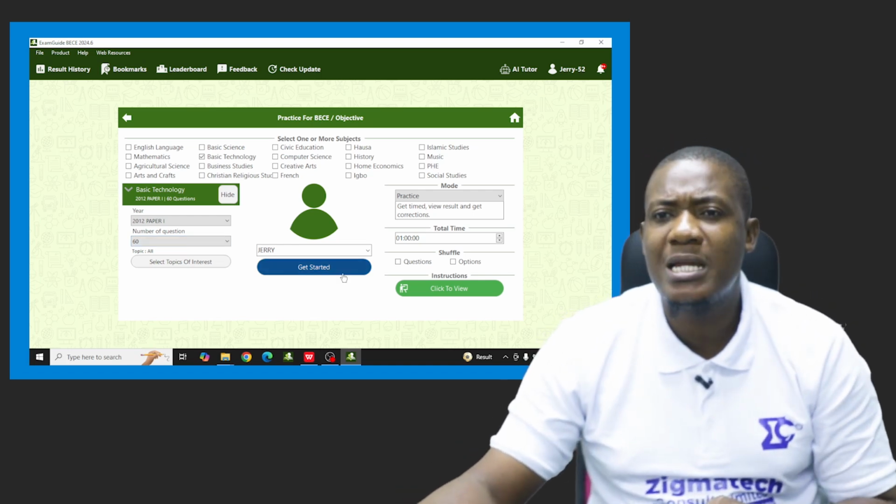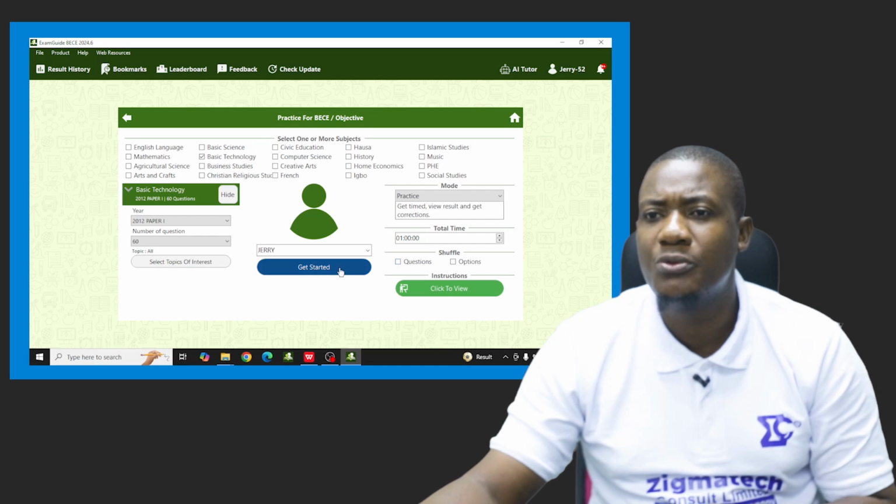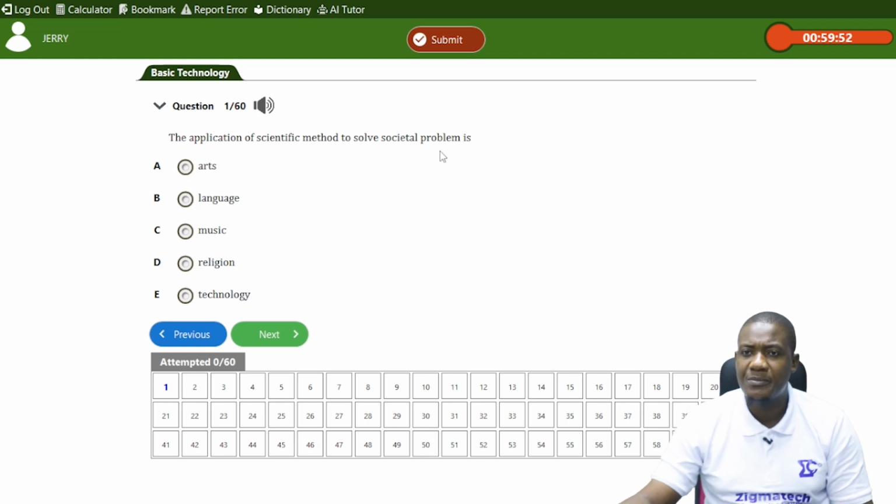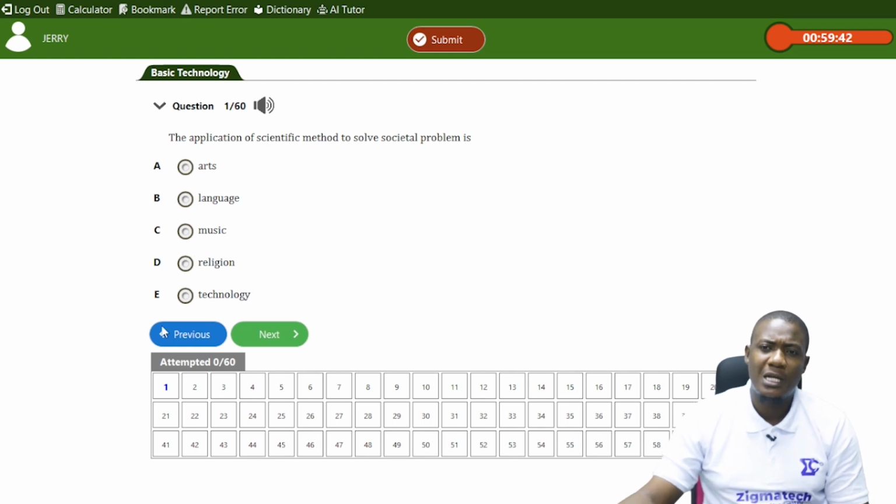Okay, so let's move. The application of scientific method to solve societal problems is dash: art, language, music, religion, technology. Of course, technology is the right answer.